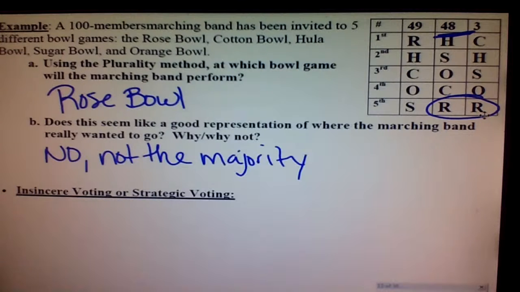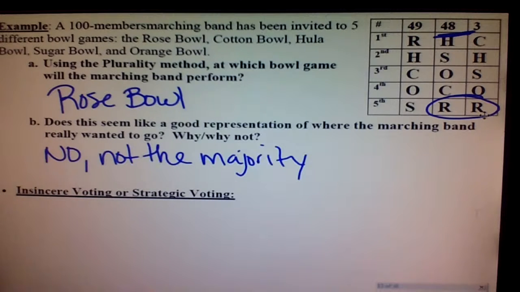So you're going to cast your vote for Thomas or Ariana. Which means, even though I'm the favorite, I get pushed in the mud. That's what we call insincere voting. You pick somebody else because you know the person that you want is never going to make it.